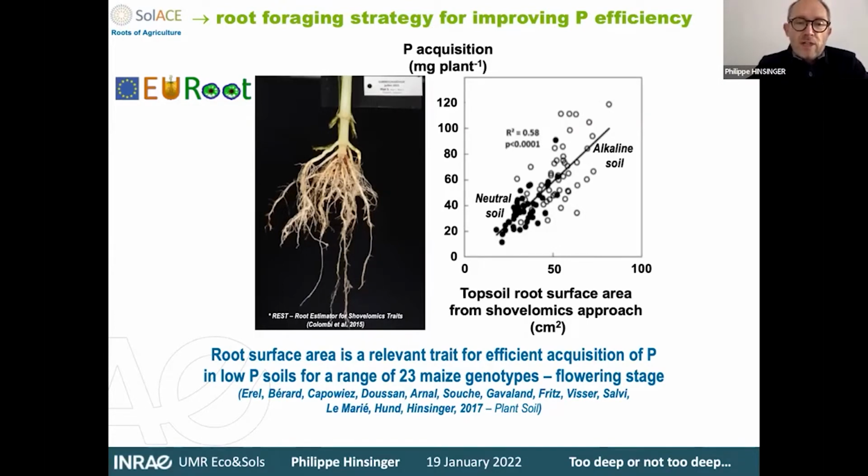We looked at traits of the topsoil and showed here that there was a decent relationship between phosphorus acquisition among these 23 genotypes in 2 different soils with the root surface area.